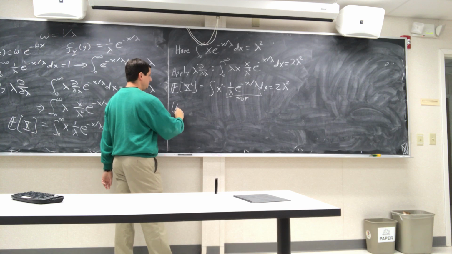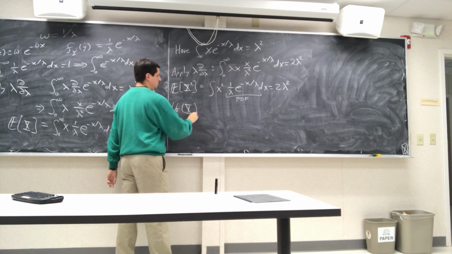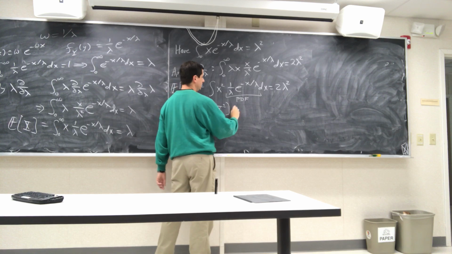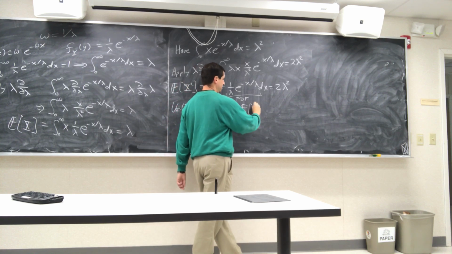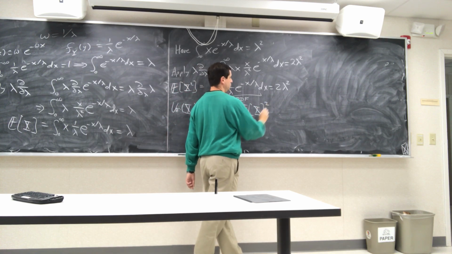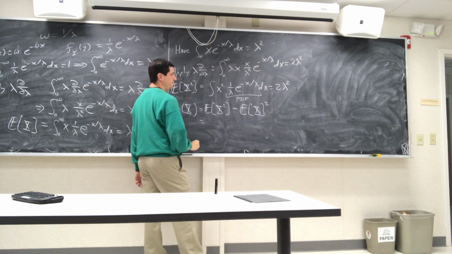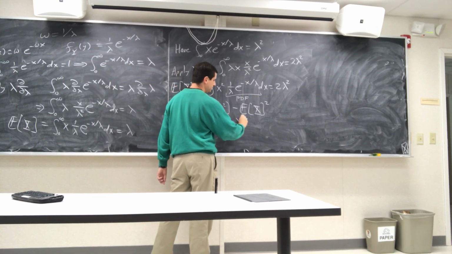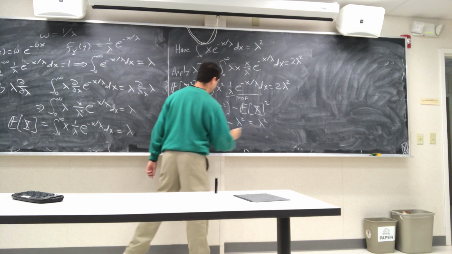So now the variance is going to be the expected value of x squared minus the expected value of x, squared. The expected value of x squared is 2 lambda squared. The mean is lambda. So we get lambda squared.